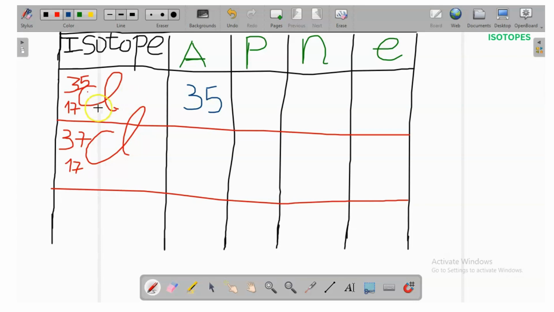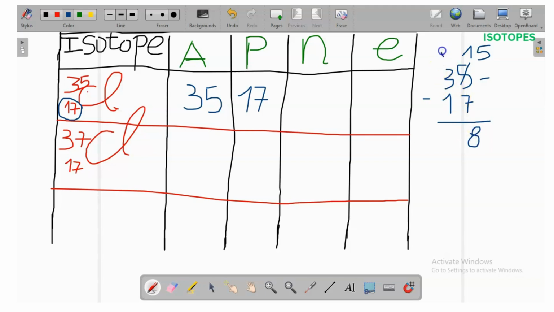The number of protons is equal to the atomic number, here 17. The number of neutrons is found by 35 minus 17 equals 18. The number of neutrons here is 18.